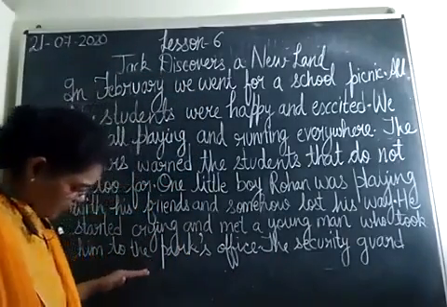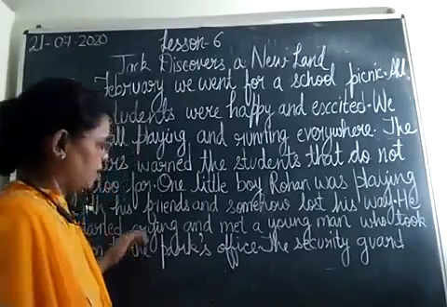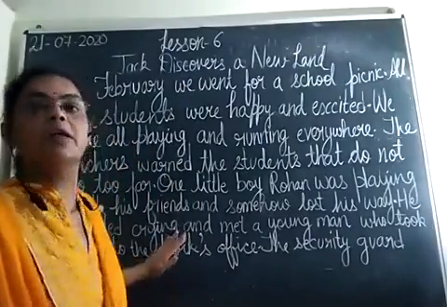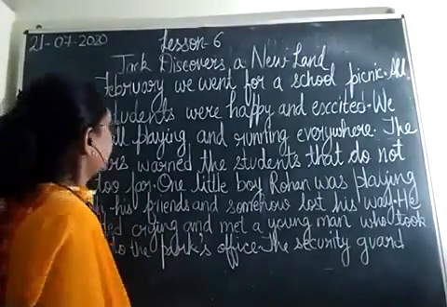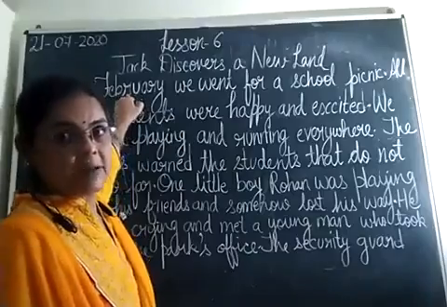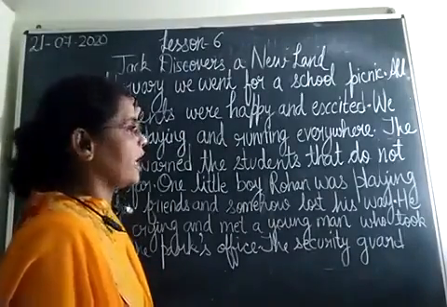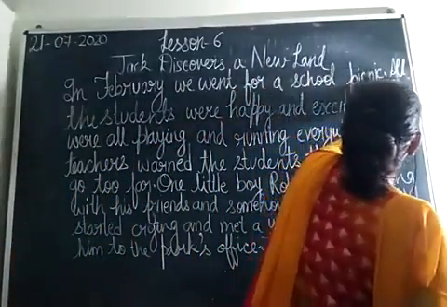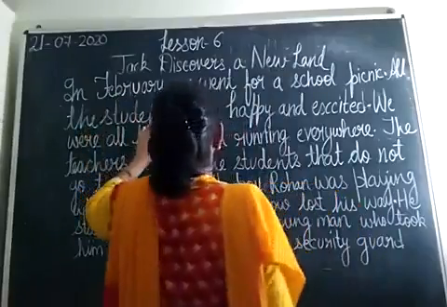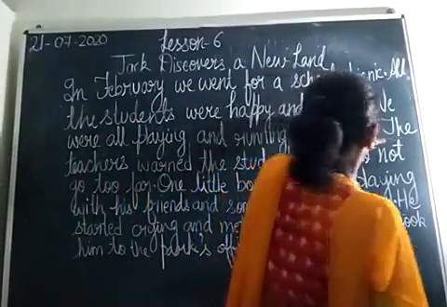Come on, please write fast. I hope all of you have written. Once again I am reading. In February, check the spelling of February. It is capital F-E-B-R-U-A-R-Y. In February, we went for a school picnic. Full stop. All the students were happy and excited. Full stop.